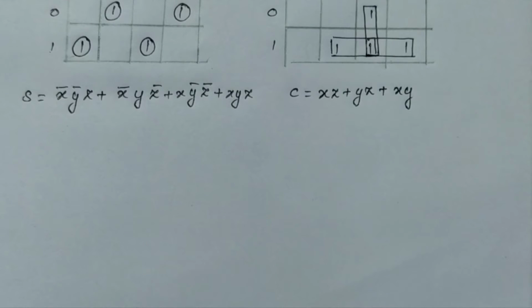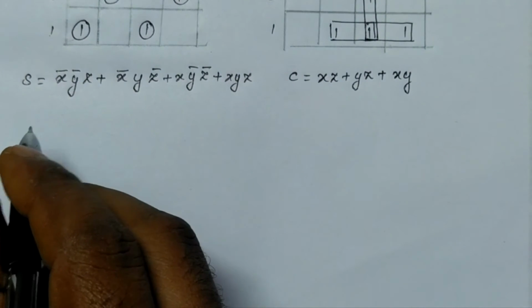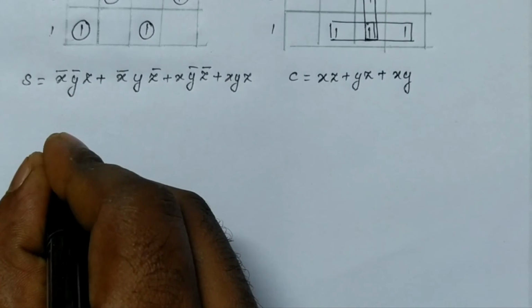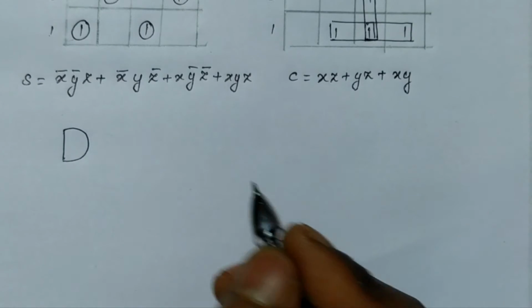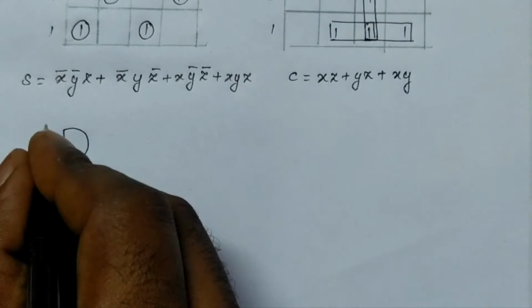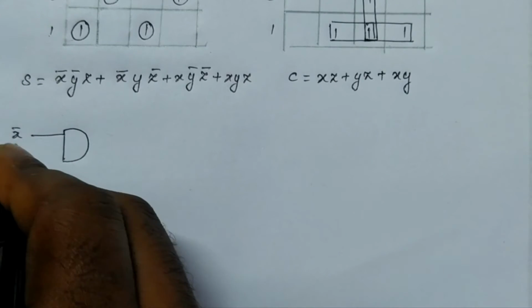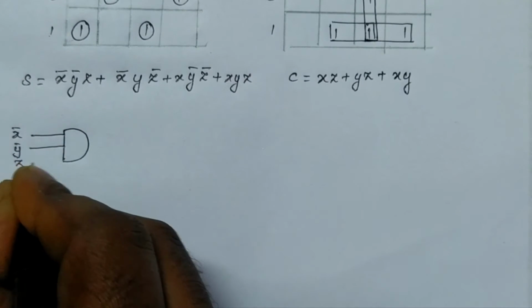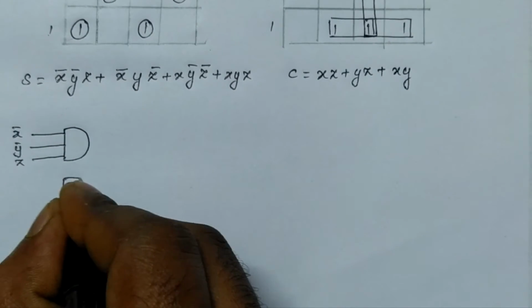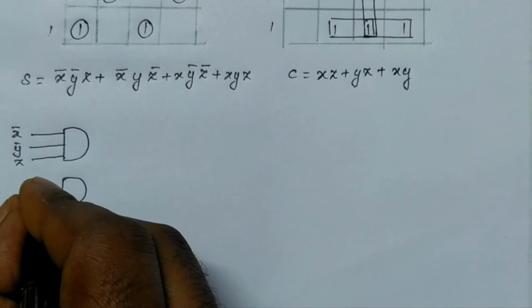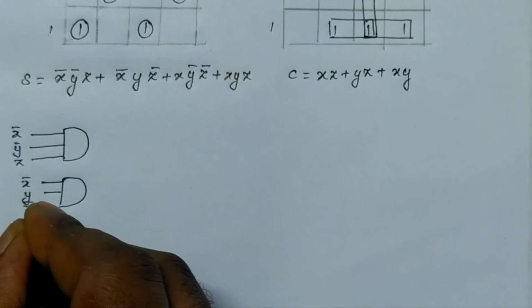Now we will go for implementation using gates. So for sum, here the first one we are going to implement using an AND gate, with the inputs x bar, y bar and z. Then the second one, here we will go for the next gate, with x bar, y and z bar.